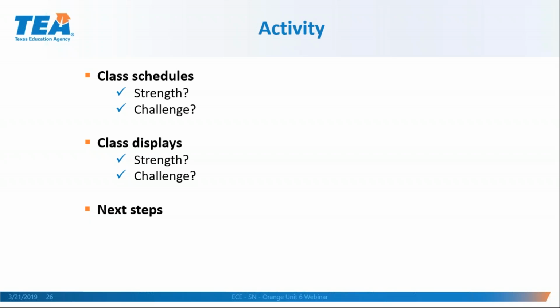And in each of those, I'd like you to think about, what is our strength here? And what is challenging? I will say, if you're going to focus on class schedules, you're going to have to collect them. So that might be, in and of itself, a good exercise for you.